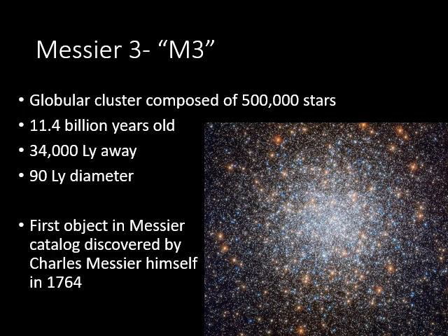So this list is basically the brightest objects in the night sky that aren't stars and aren't planets. And like I mentioned, in the current catalog, there's about 110 of these objects, and M3, or Messier 3, was one of them. So this is a beautiful globular cluster.